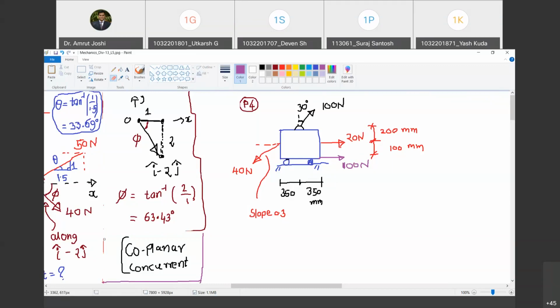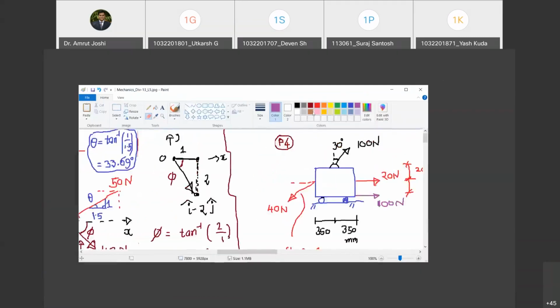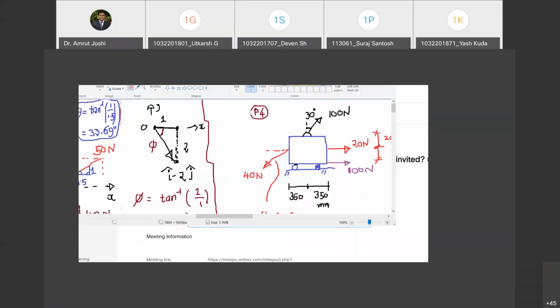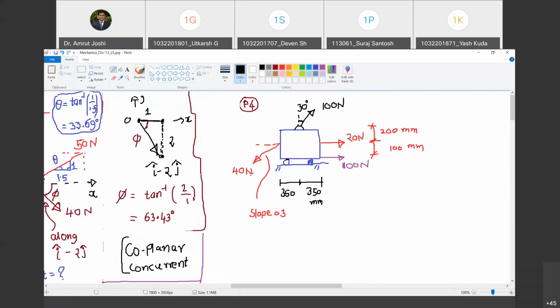But are all the forces lying in the same plane? Yes, sir. Their lines of action, as shown, lie in a single plane. So it is coplanar. Happy? Yes. This force system is coplanar, but non-concurrent. Agreed? Yes. Not concurrent.